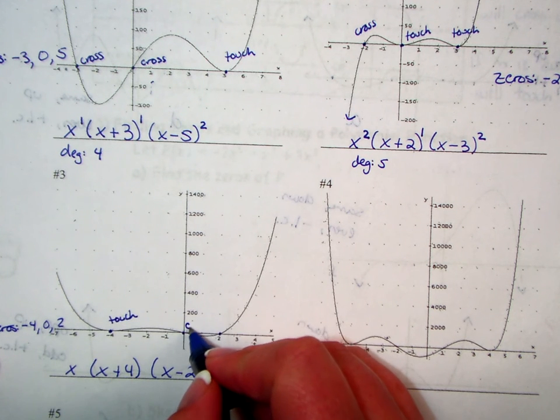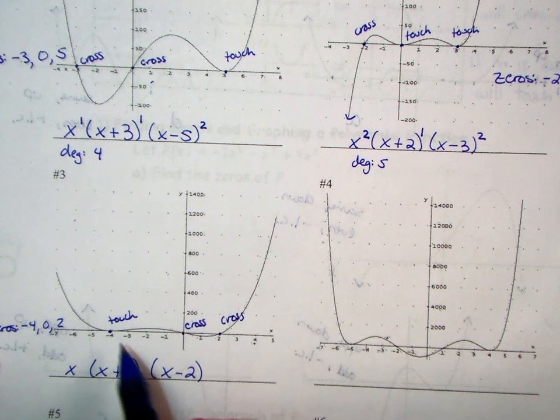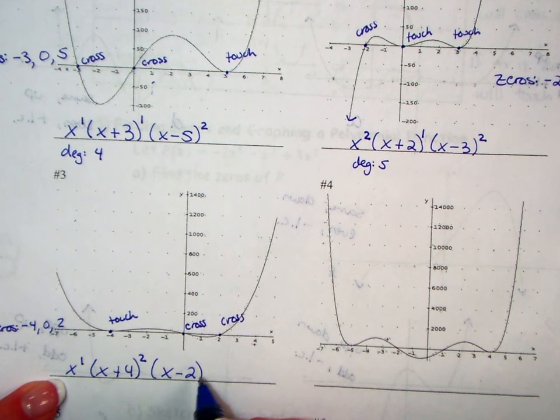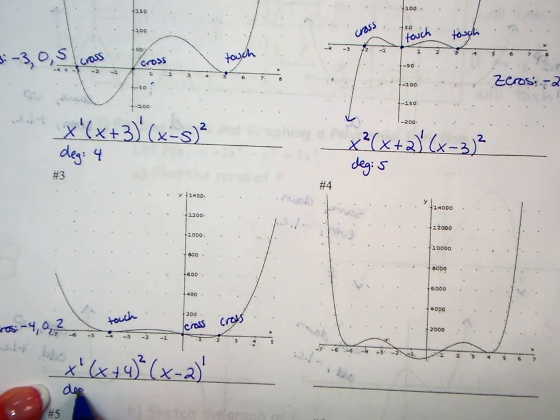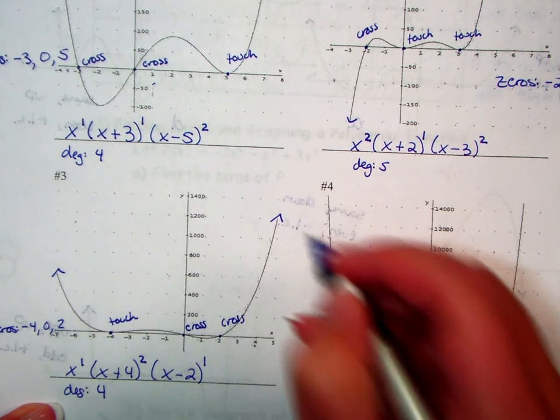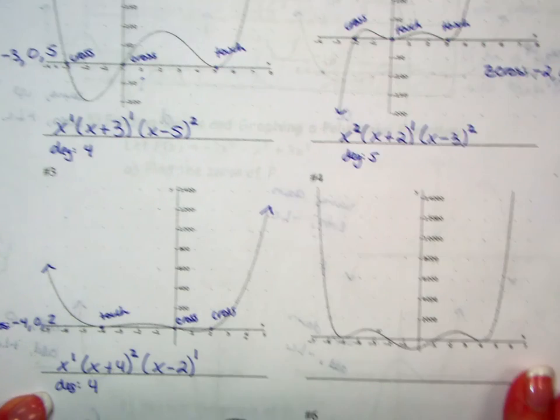At 0, it's crossing, and at 2, it's crossing. So I have 1 even multiplicity and 2 odds, which means this is degree 4. So both ends are up, and that matches an even polynomial behavior.